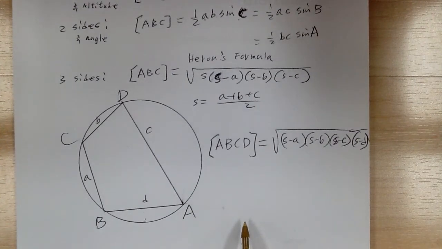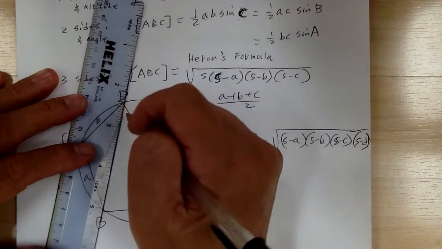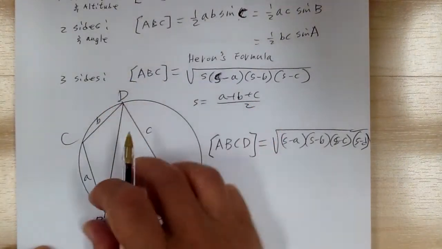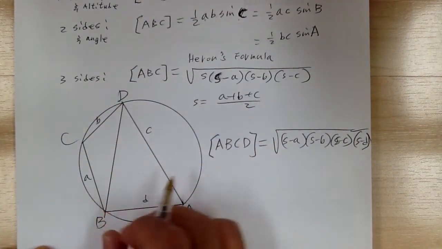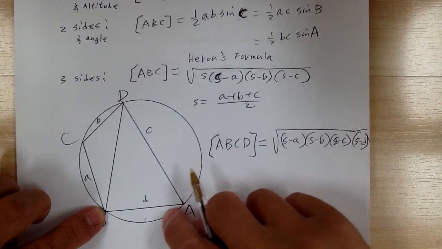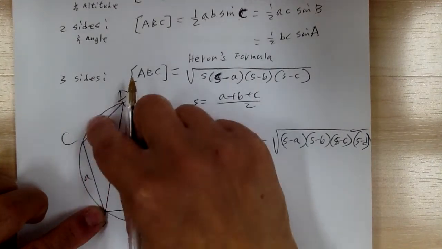And what happens if you have a triangle? When you have a triangle, the D becomes 0. Basically, if you keep moving this point over to here, now D equals 0, then all you have is ABC.